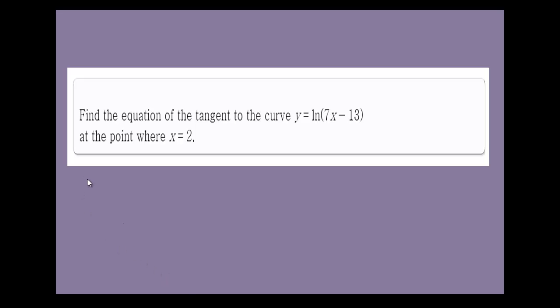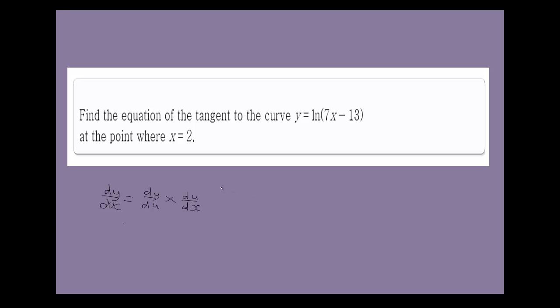Okay, so the key to differentiating functions like this is to use the chain rule. I'll just write down the chain rule, which is dy/dx equals dy/du times du/dx, where u is the chaining variable.